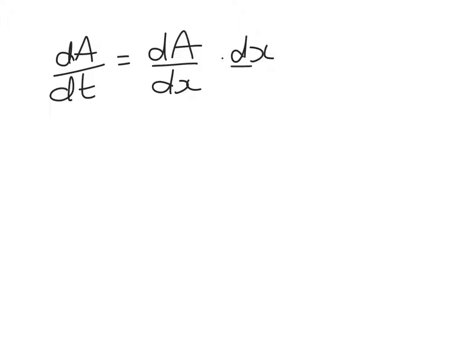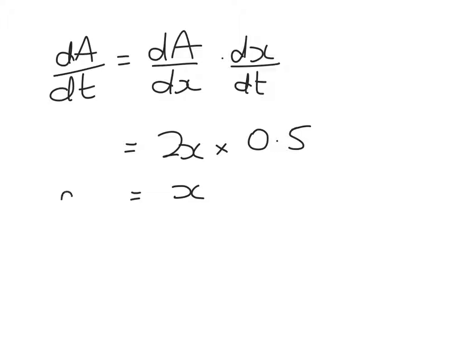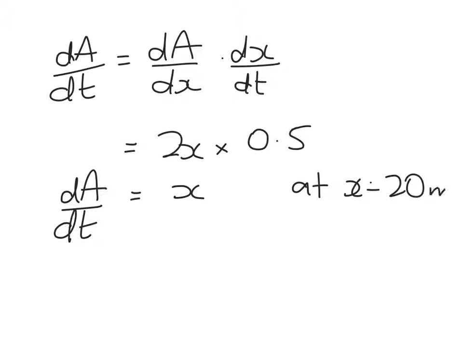So now we're ready to finish it off. We've got dA by dt is equal to this. Well, dA by dx is just 2x. And dx by dt is 0.5, so the whole thing simplifies back to x. And we're asked to evaluate it at x equals 20 metres.